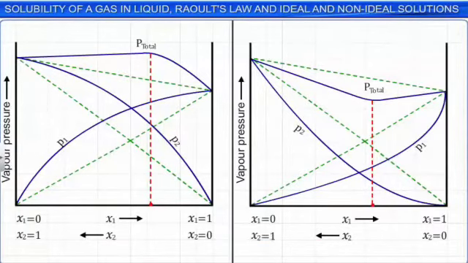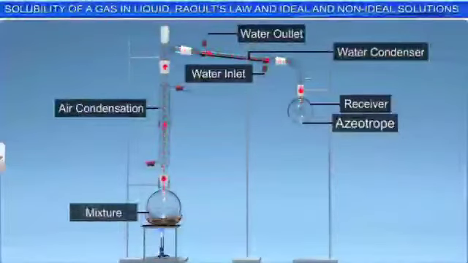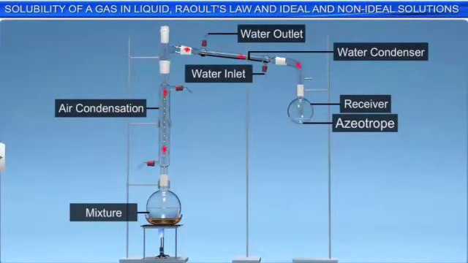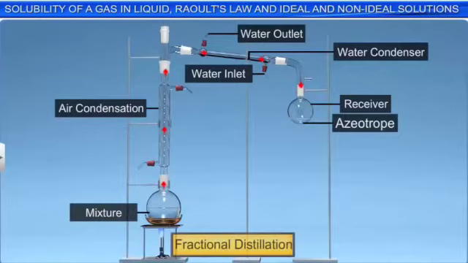An azeotrope is thus defined as a special class of liquid mixtures that boil at a constant temperature and at a certain composition. At this condition, the mixture behaves as if it was a single component with one constant boiling point. In such cases, it is not possible to separate the individual components of the mixture by fractional distillation.